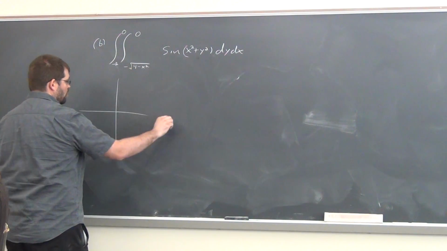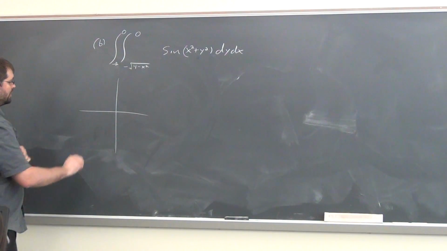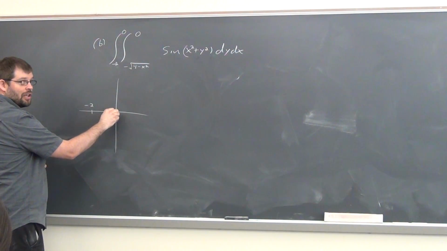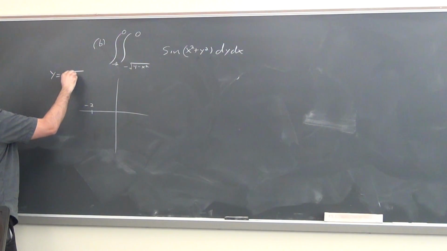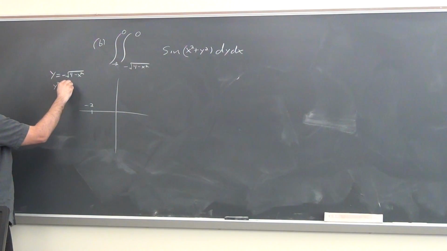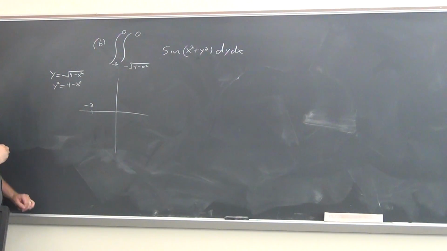So what's this region look like? X goes from -2 to 0. Y goes from minus the square root of 4 minus x squared, but what's that correspond with? If you square it, you get y squared equals, well, you square it, the negative disappears, right? So you just get that.